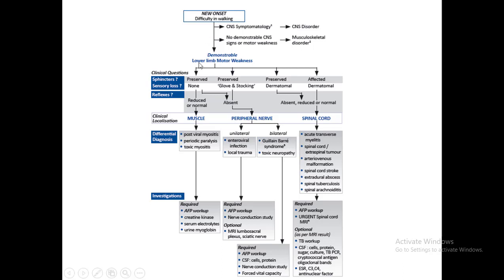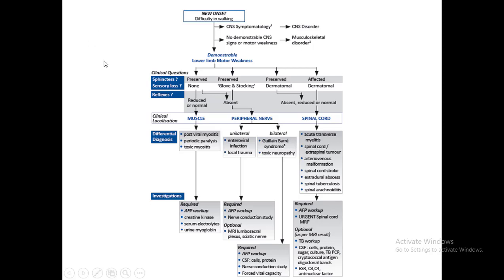If you decide that this child has no CNS symptomatology and no signs and symptoms of CNS weakness, then the child has an acute problem with the inability to walk, and you are going to examine this child.